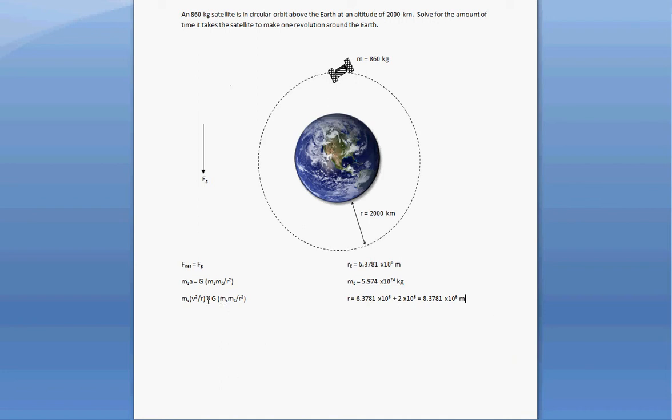Alright, looking at our equations over here, we can see that there are things that cancel out on both sides. This mass will cancel out with this mass, and this r will cancel out with one of these two r's. So what you're left with is v squared is equal to g times the mass of the Earth over r.